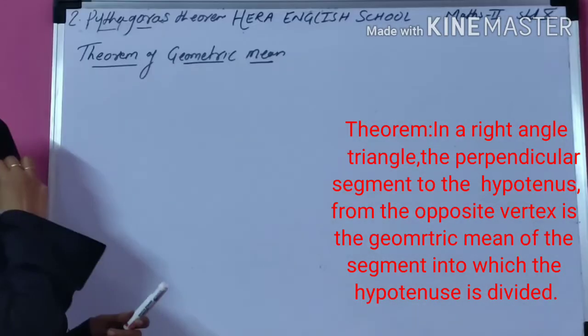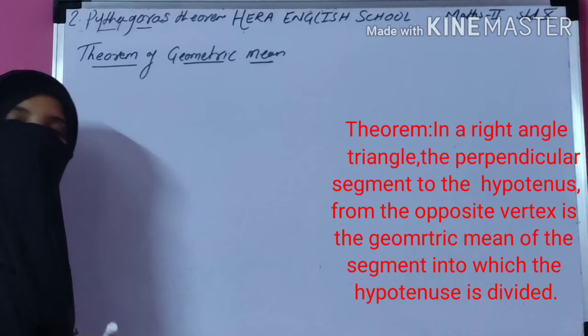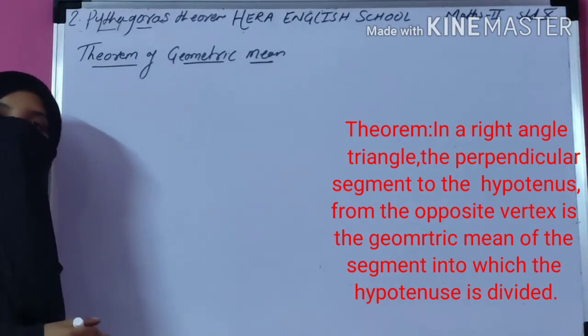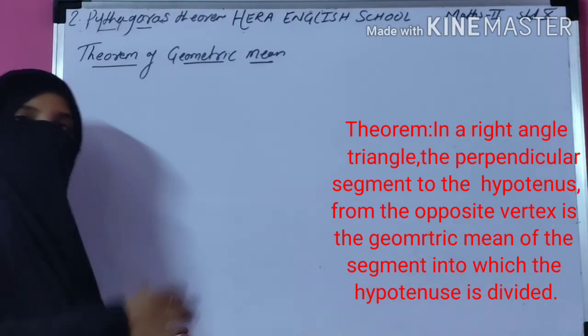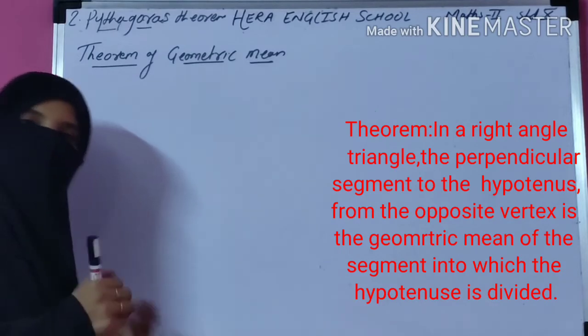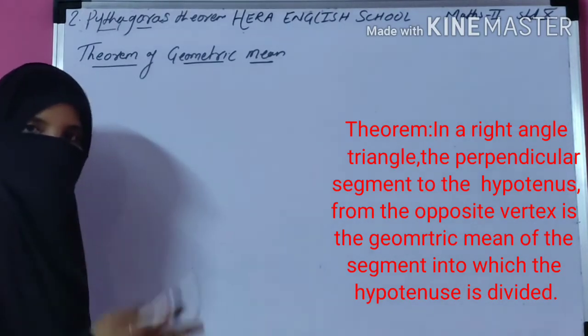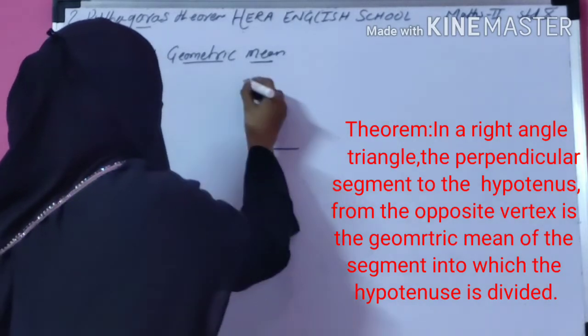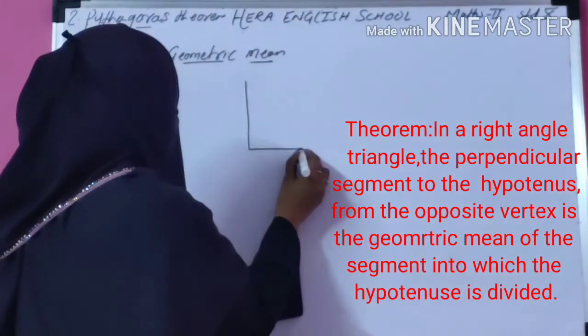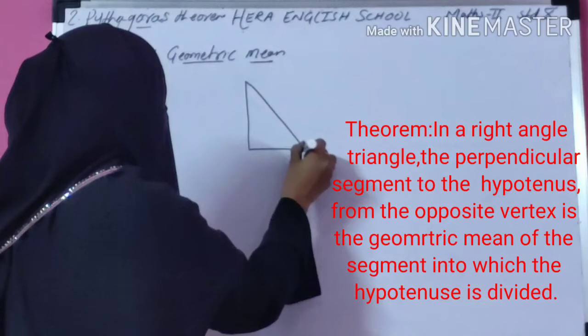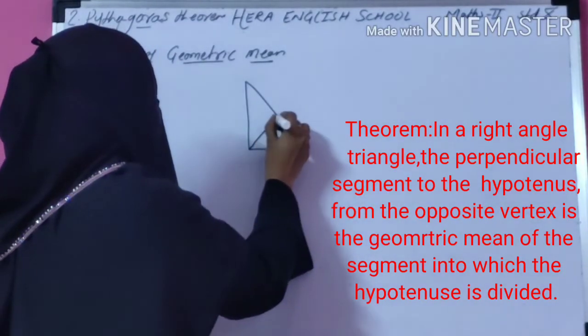Next topic is the theorem of geometric mean. The statement of this theorem: the perpendicular drawn on the hypotenuse from the opposite vertex, that is from the 90 degree angle, is the geometric mean of the segments into which the hypotenuse is divided. Draw the figure. In a right angle triangle, the perpendicular drawn on the hypotenuse.